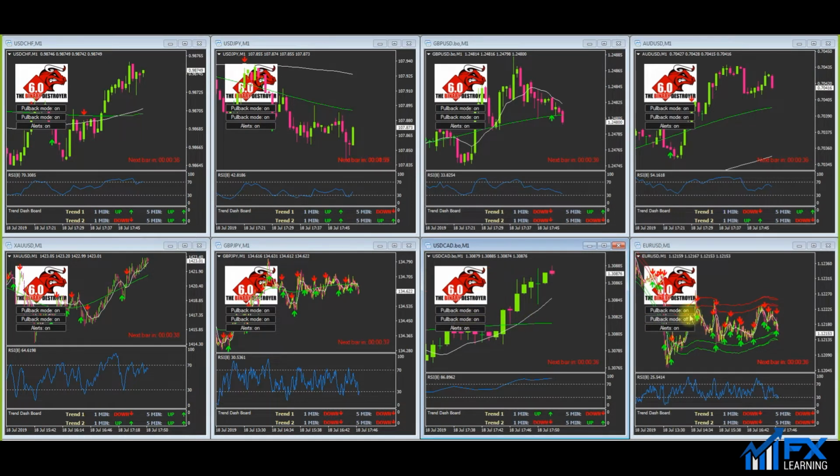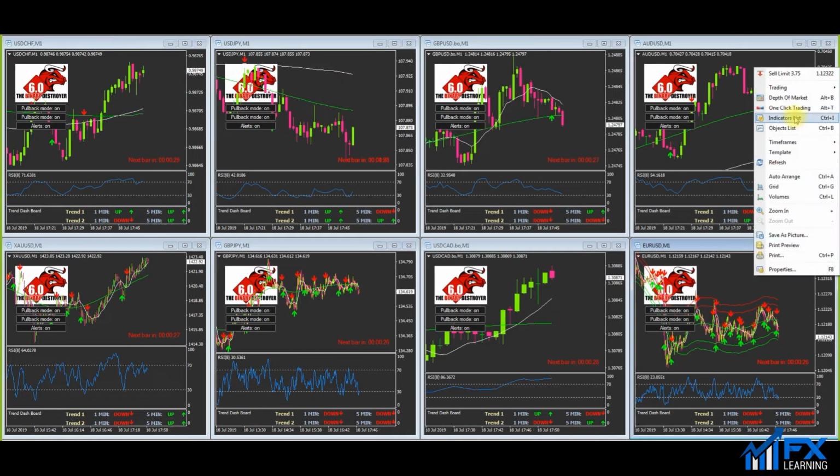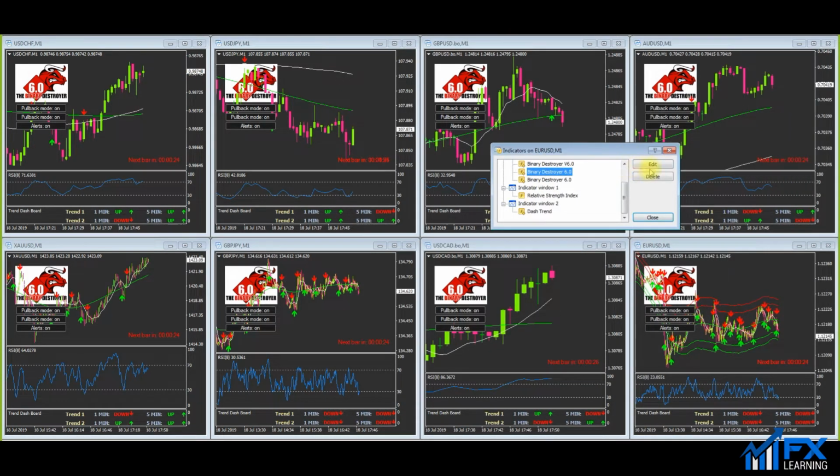I'm just changing all of these pullback modes on like this. So I think we are good. Okay, this last one. In fact, I've got the Binary Destroyer loaded on twice on this chart. That explains it. Get rid of these. Delete. Delete. Delete.